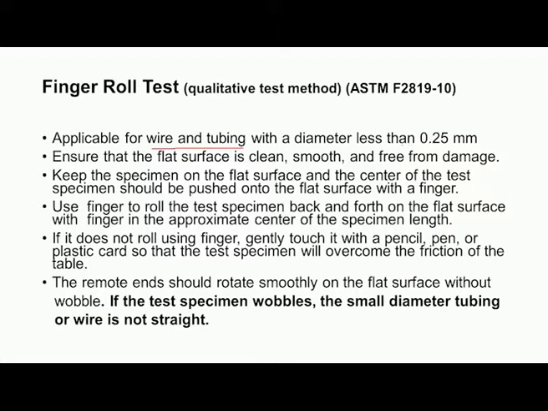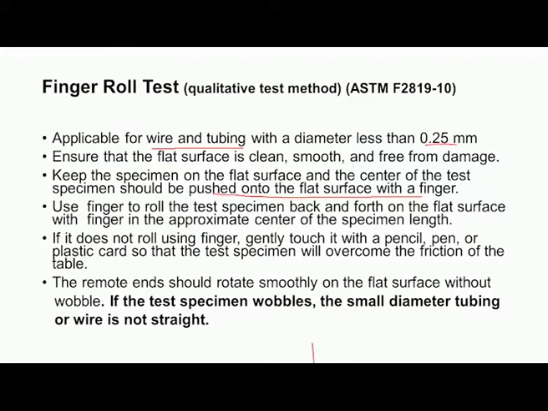If the diameter is less than 0.25 millimeter, then this finger roll test can be used. We should ensure that all the equipment, the surface plate and the wire, are perfectly cleaned, and then we should keep the specimen on the flat surface, and the center of the test specimen should be pushed onto the flat surface with the finger.